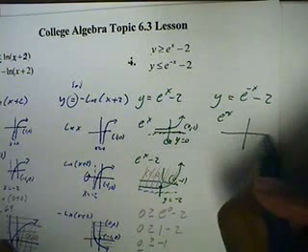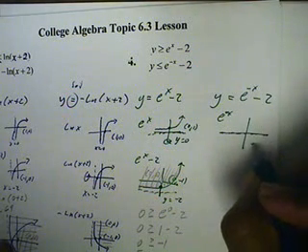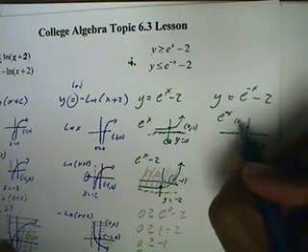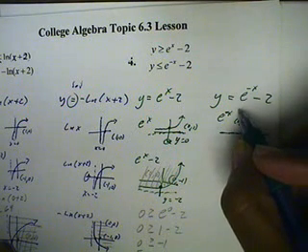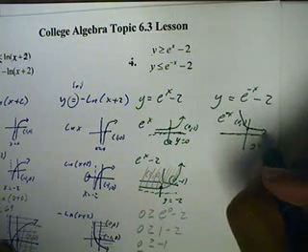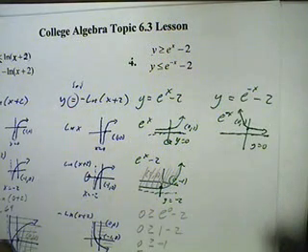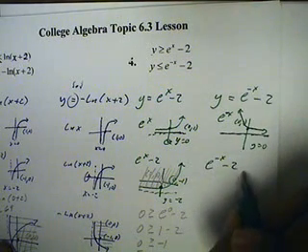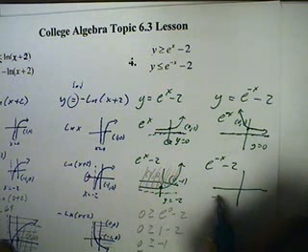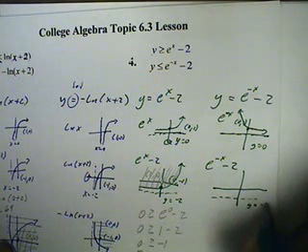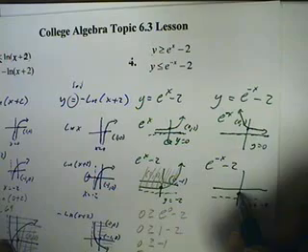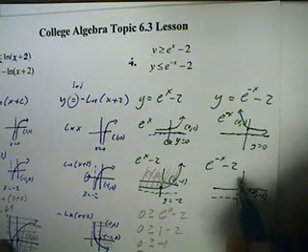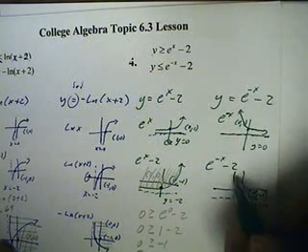So this remains y equals 0, the point remains 0, 1, but the graph flips. And now we'll put in the negative 2. The negative 2 will drop the entire graph down twice, so we'll get y equals negative 2. And this will drop down, and we'll get 0, negative 1. And here's your graph there.